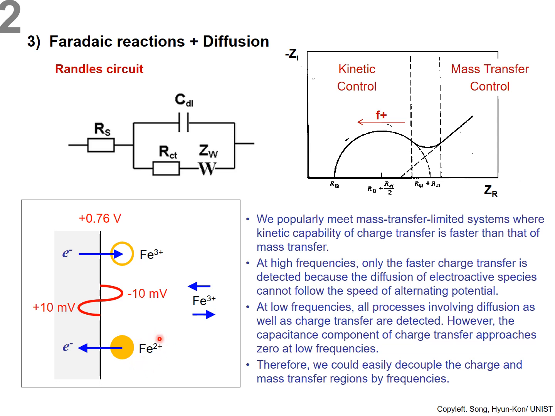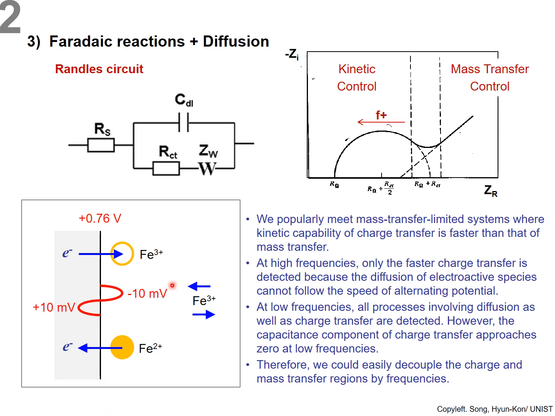Then I'd like to apply a potential of plus 0.76 volt versus the normal hydrogen electrode, the value of which is the standard reduction potential of the Fe3+/Fe2+ pair. So on the surface, we would have an equimolar concentration of Fe3+ and Fe2+, maybe 5 minutes after we have applied the potential of plus 0.76 to this system.